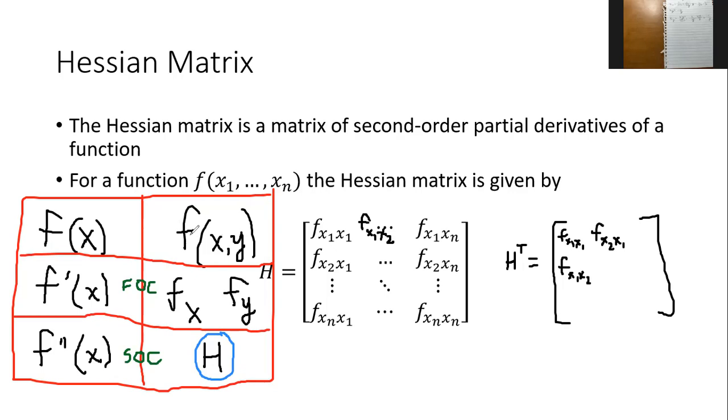Is a point a local maximum of a function f? You'll talk about the first order conditions: f of x equals 0, f of y equals 0. Those are the first order conditions.